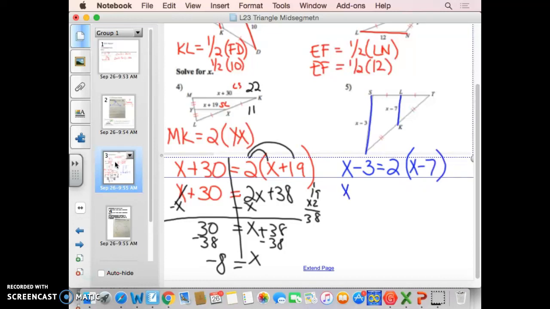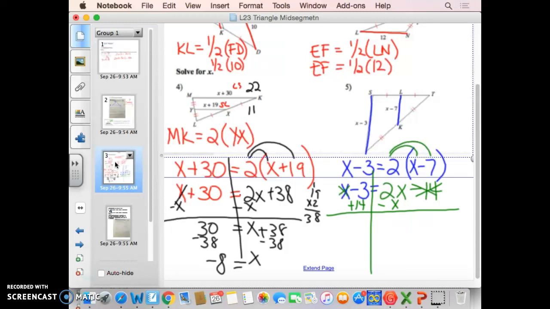So x minus 3 is going to equal, I'm going to go ahead and do the distributive property here, 2x minus 14. Then I got to use inverse operations. So I'm going to add 14 over here and subtract x over here. So I've done both steps at once, which is fine.